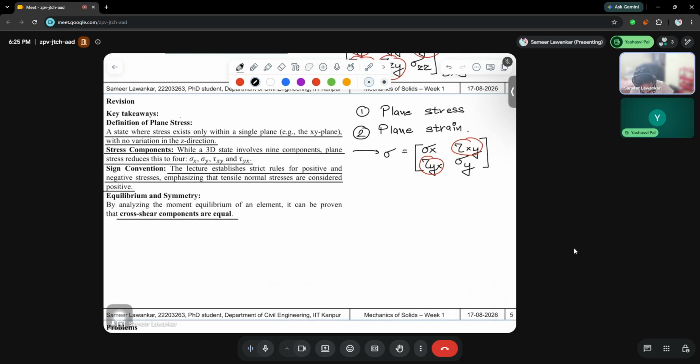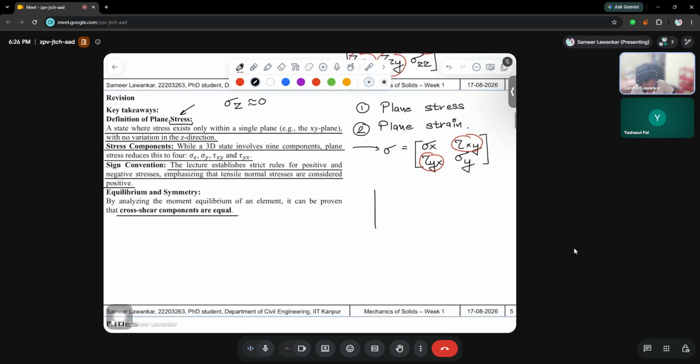So basically, what happens in plane stress condition, as you can see here? Plane stress basically means that the amount of stress in the sigma z direction is approximately equal to 0. In the lecture, if you remember, plane stress conditions are explained like this: suppose this is one sheet of paper.